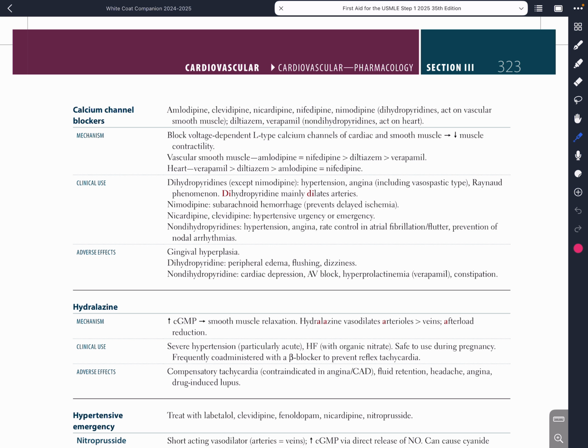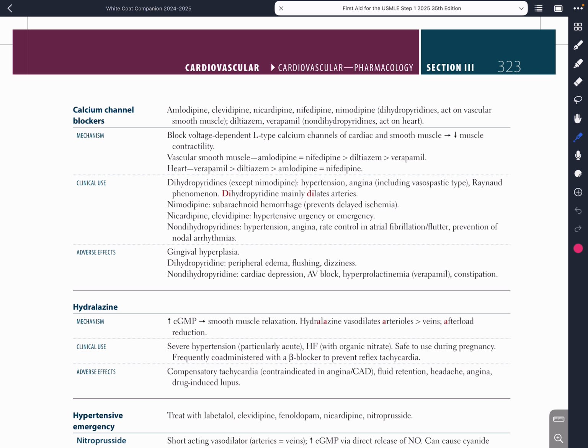What are the calcium channel blocker drugs that act directly on the heart? They are diltiazem and verapamil. Diltiazem and verapamil directly act on the heart and they are called non-dihydropyridine calcium channel blockers.